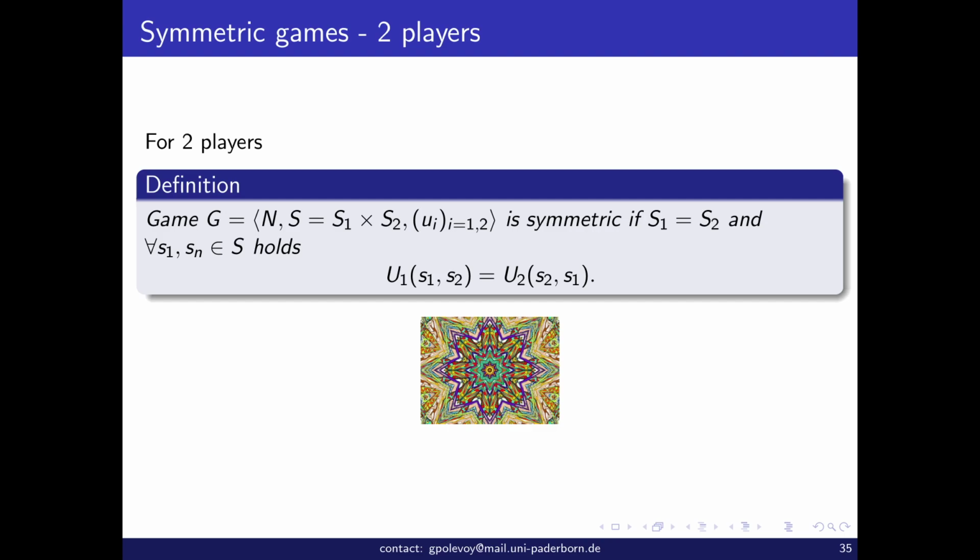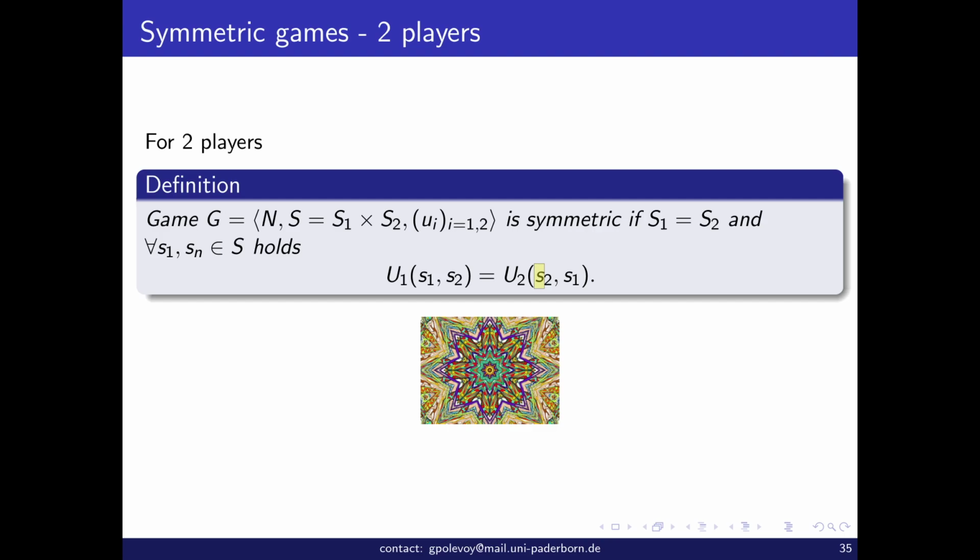So when I act as 1 and the other person acts as 2, I don't care whether I'm 1 or 2. What player 1 gets when he plays as 1, the other person gets as 2, is exactly what player 2 gets when she plays as 1 and the other player plays as 2. And of course, when the profile is symmetric, so if s1 is equal to s2, then the utilities are the same.